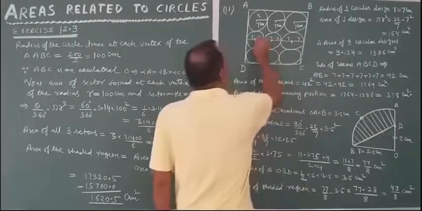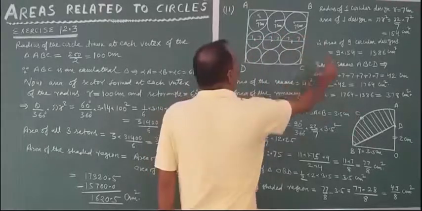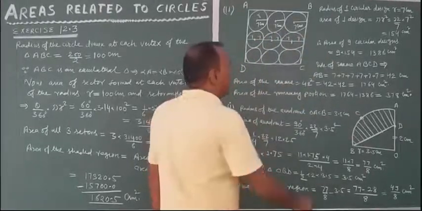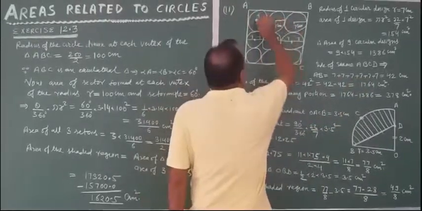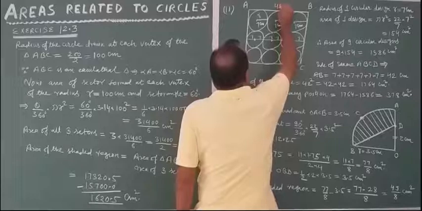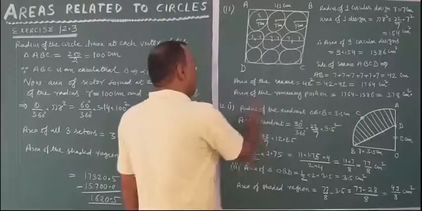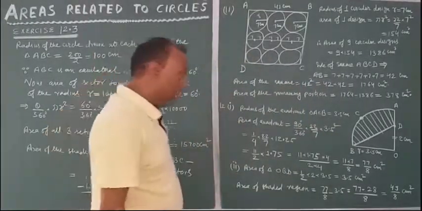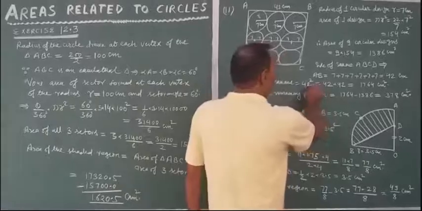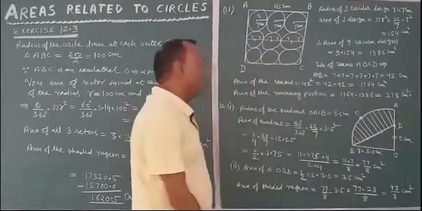So what will be the total length? 7 plus 7 plus 7 plus 7 plus 7 plus 7, that is 6 times 7, that is 42 centimeter. So the side of the square will be 42 centimeter. The area of the square will be given by side square, so that will be 42 square. When you multiply this, you will get 1764 centimeter square.